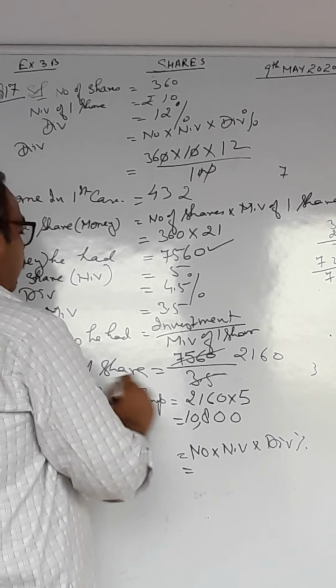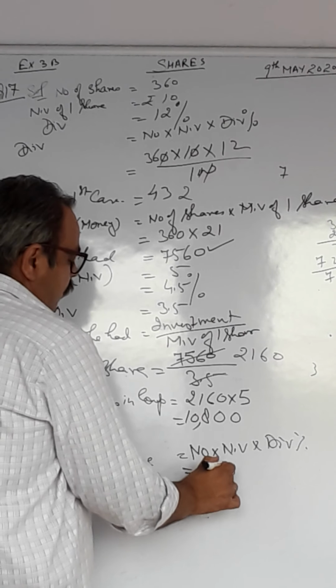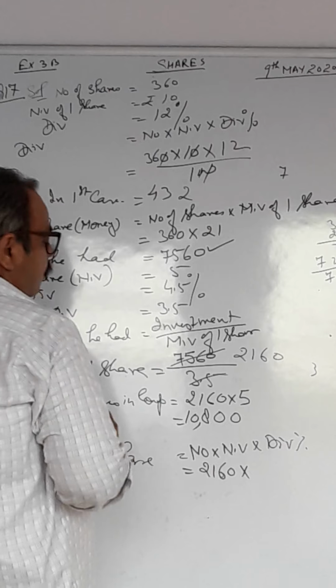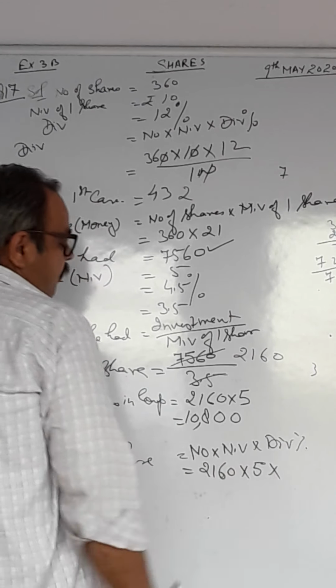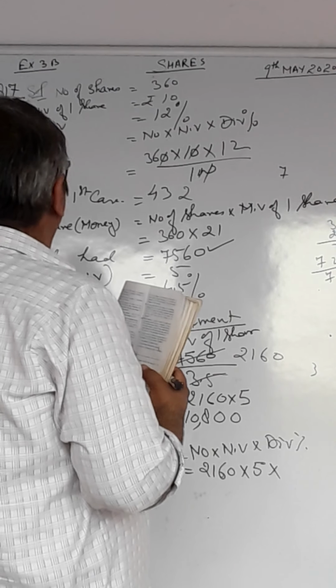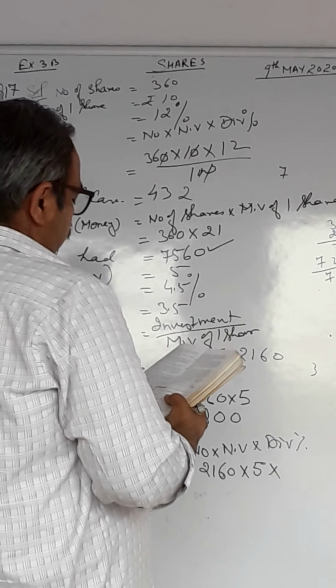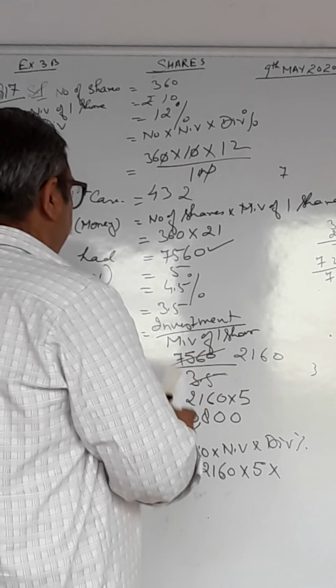Number of shares he has: 2160. Nominal value of 1 share: 5 rupees. And dividend percent how much? Dividend percent in second case he is given 4.5%.